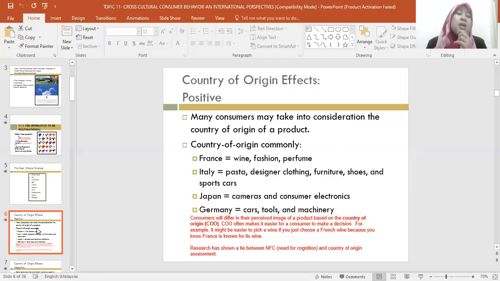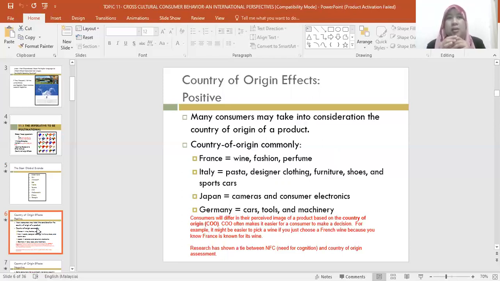If you realize, the two below there, Japan and Germany, are actually developed countries. When there is a new innovation or invention, there will be testing in their country, because they are very developed.